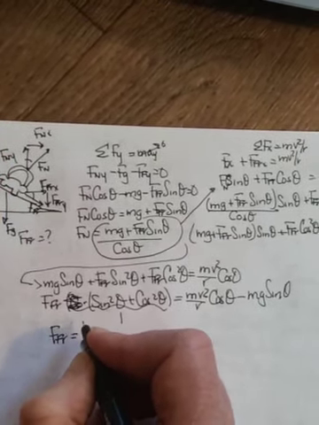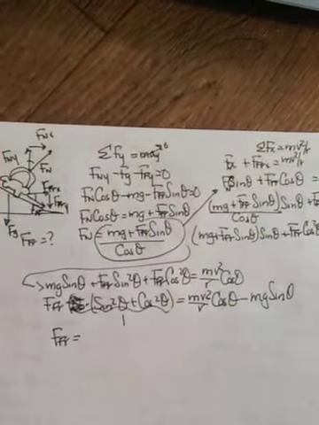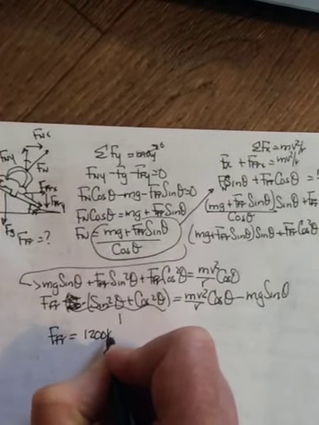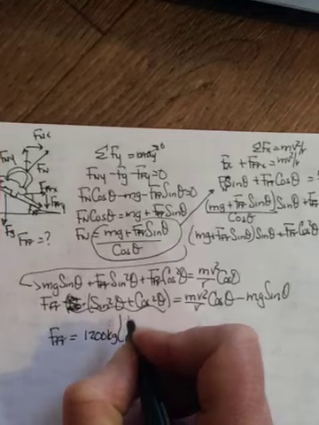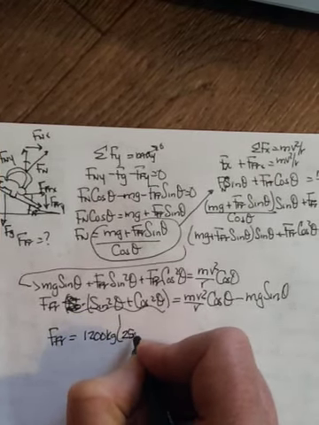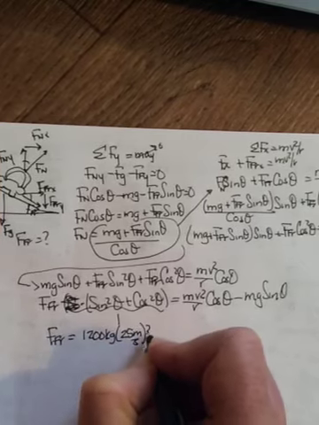So our mass for this question was 1,200 kilograms. The speed was 25 meters per second squared.